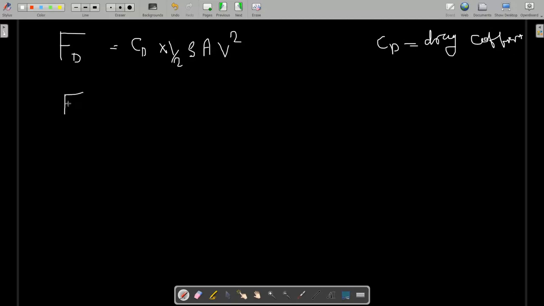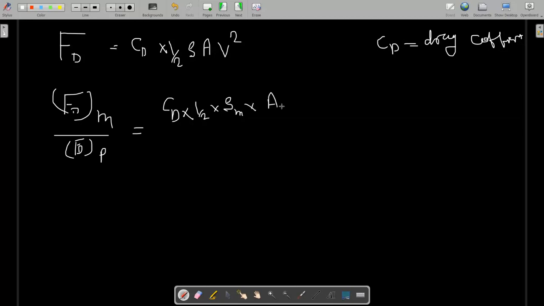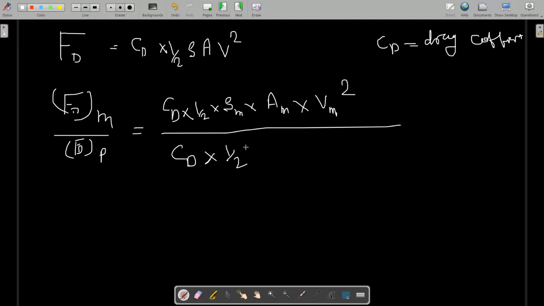So the required ratio is drag force of model divided by drag force of prototype. So CD into 1 by 2 rho of model, area of model, velocity of model whole square, into CD, 1 by 2 rho of prototype, area of prototype, into velocity of prototype whole square.